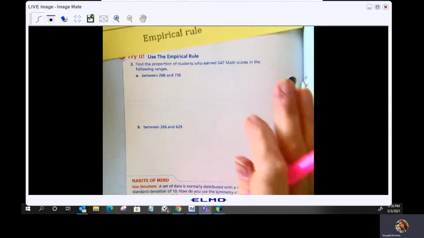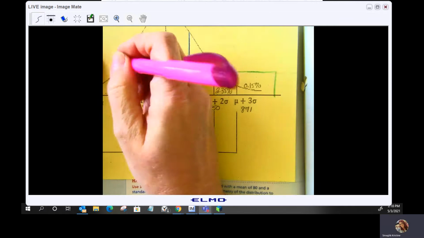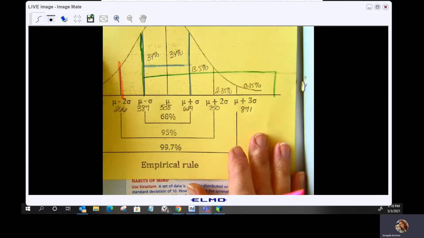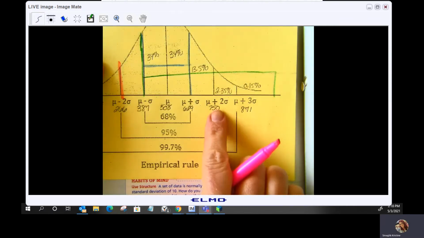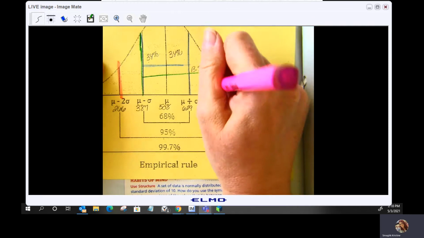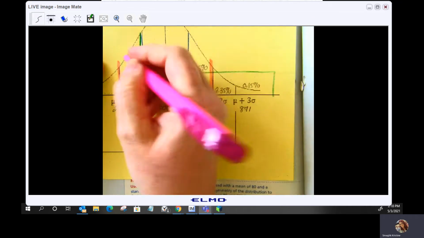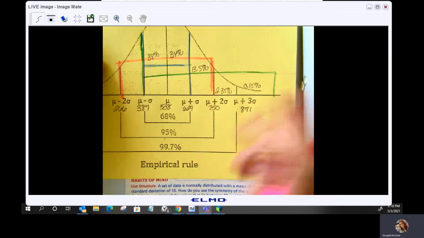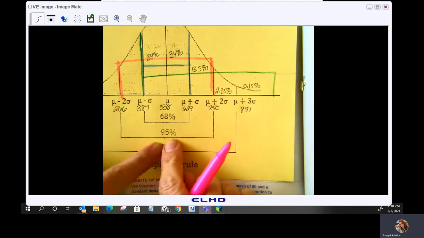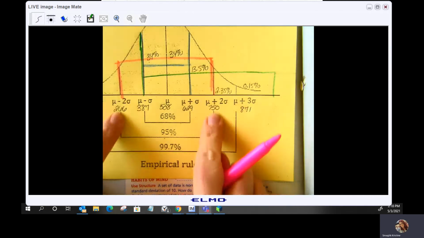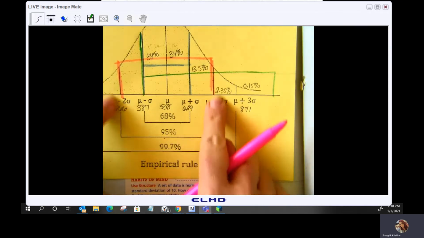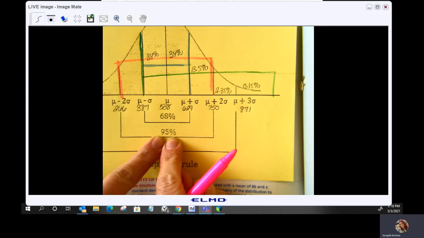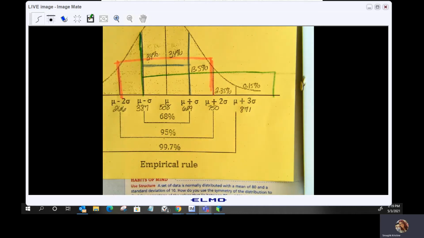We are looking at 266, 750. So from here, 266 and 750 to here. Well, that lines right up there with our second two deviations from the mean. So the answer to that question is going to be 95%.